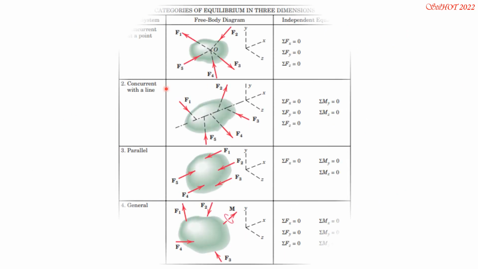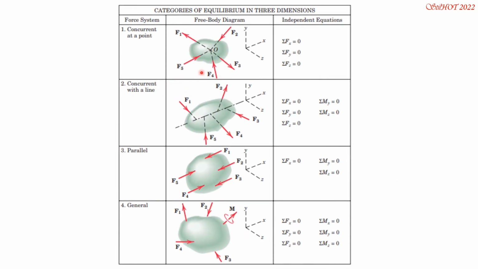So here are the four different categories that we may encounter in a situation. If we have a force system concurrent at a point, then all three equations, summation of forces in x, y, and z, or the x, y, and z components of the resultant, must be zero. Then concurrent with a line.